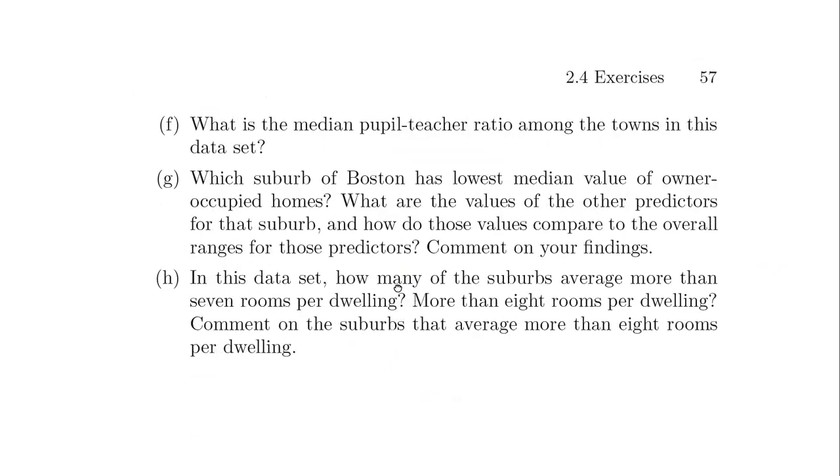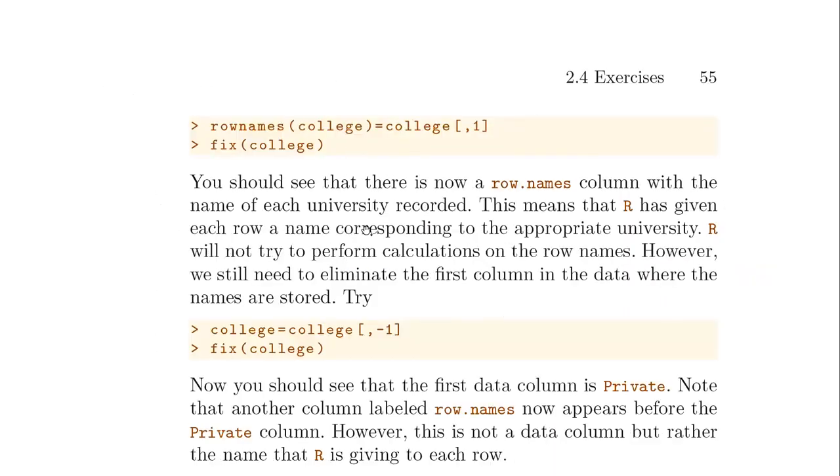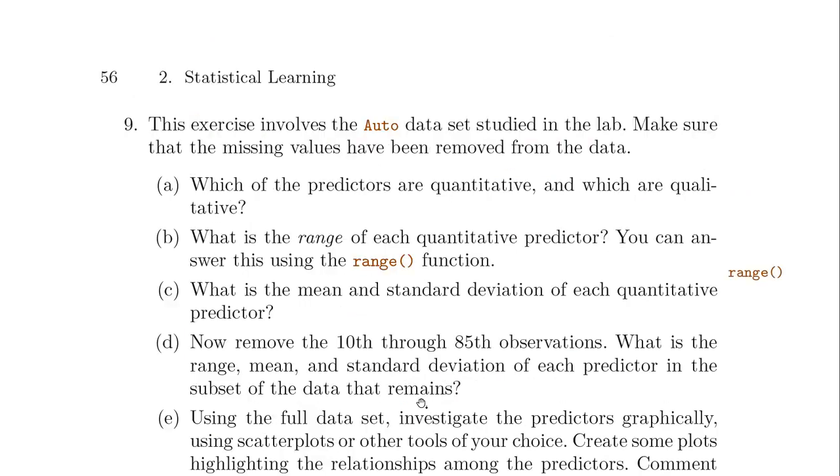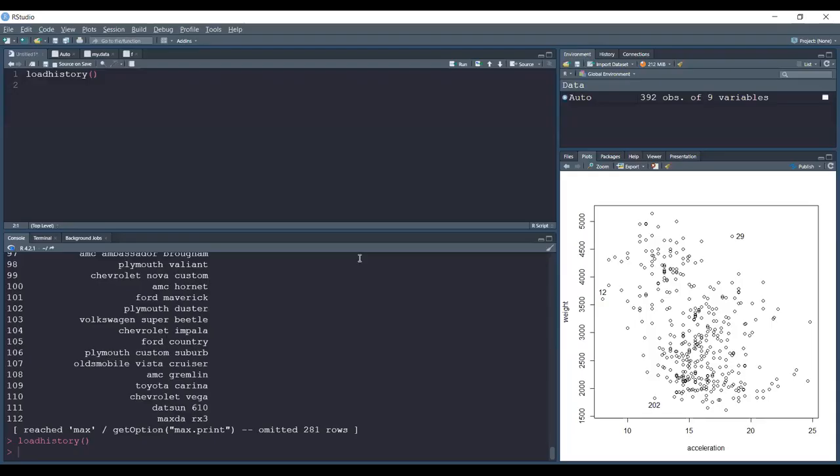So we have exercises 8 and 9. Each one is on a specific data set within the package. So you will have to install the package that is associated with this book. And you would do that, as always. You could either type library(ISLR), but you first have to install it.